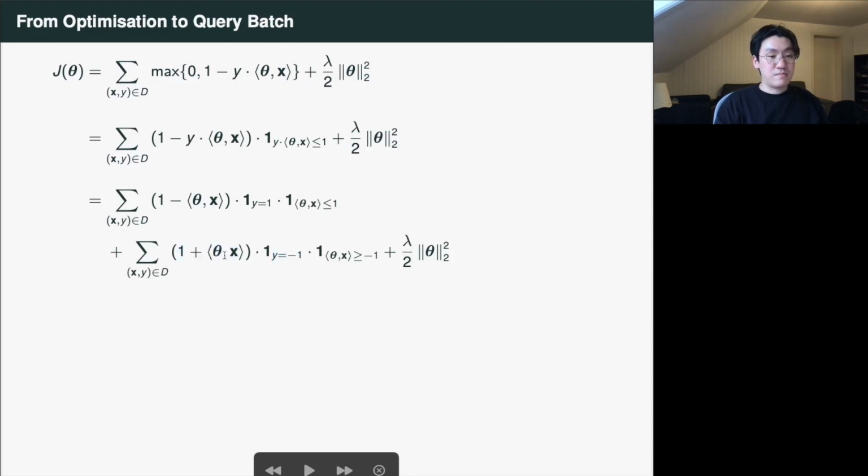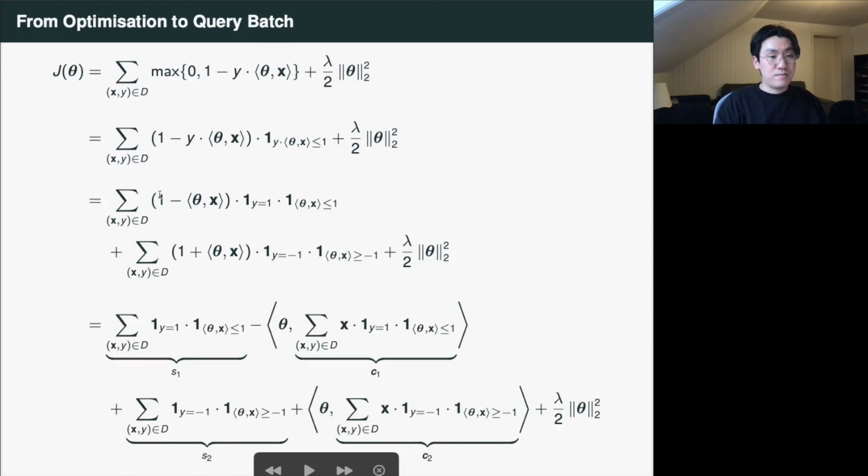Since y can be either -1 or 1, which means only one of these two conditions is satisfied, only the term that satisfies the condition will stay, and the other one will be 0. It is like an if condition. If y is 1, then we choose this term, otherwise we choose the other one.